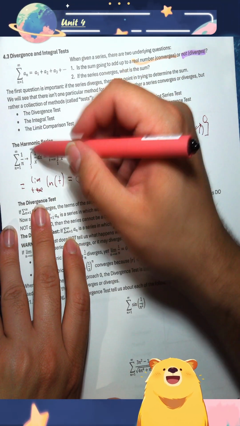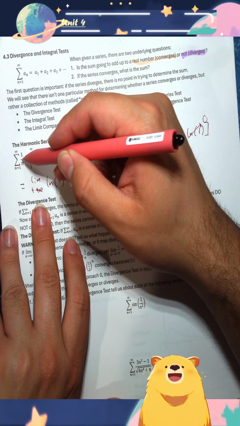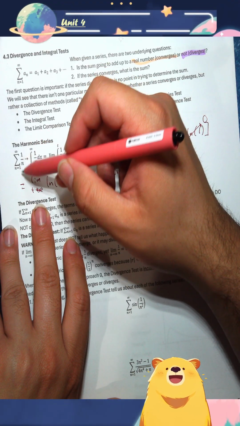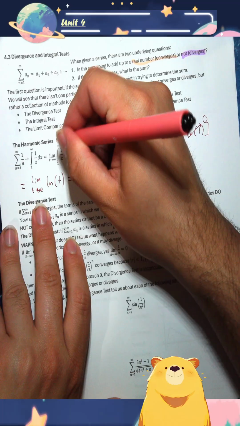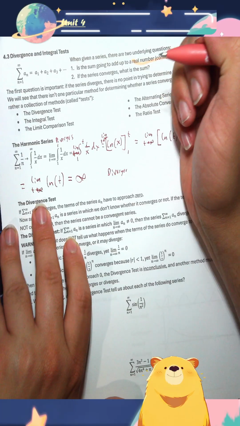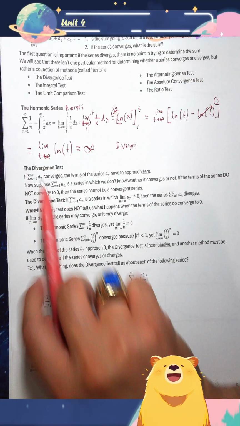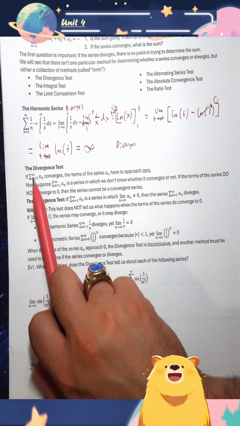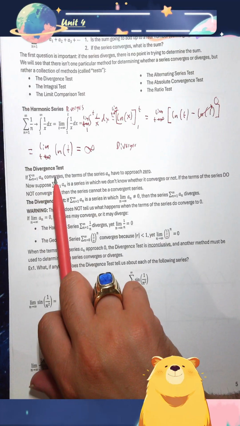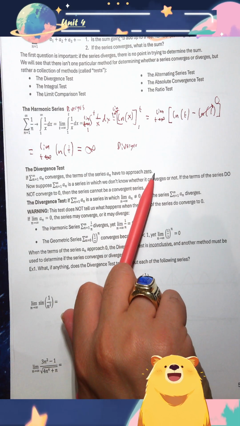And if you see a pattern like this with the harmonic series, or if you see a notation like this, where it's the sum of fractions, that is a divergent series. Now, let's go over one of the tests, the divergence test. If the sum of a series converges, the terms of the series have to approach 0.